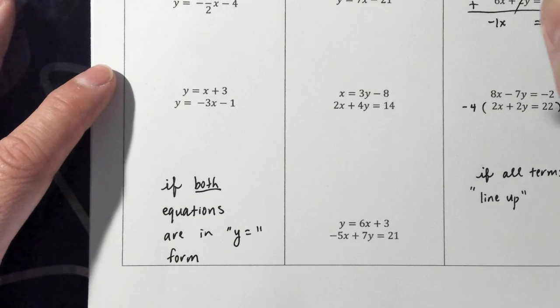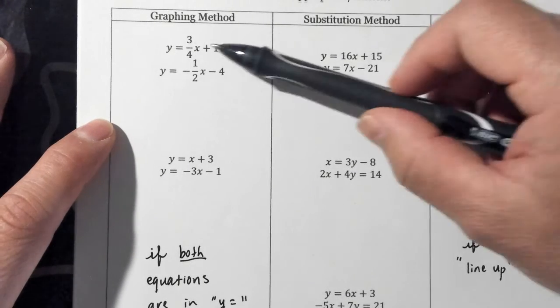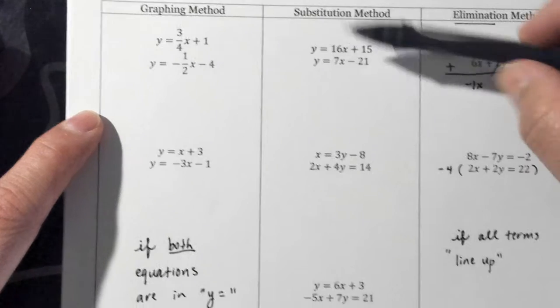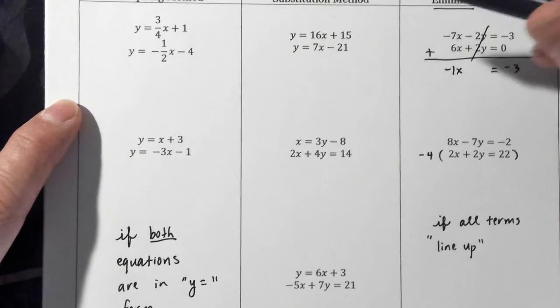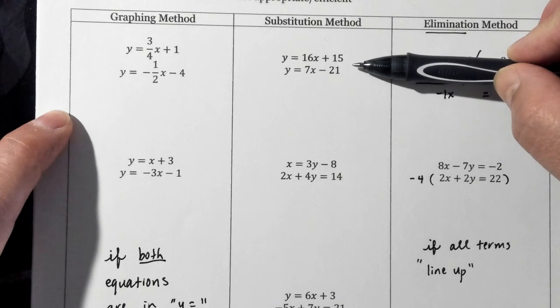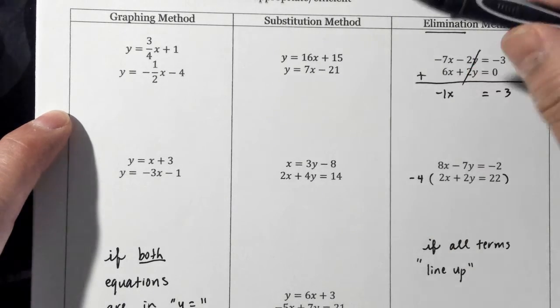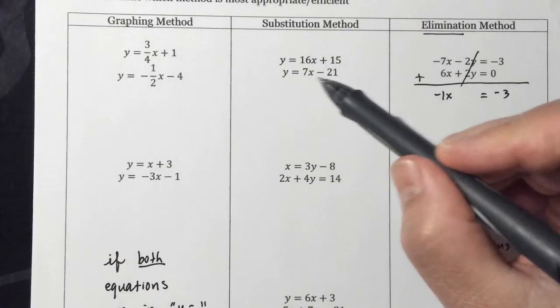Let's talk about why I would not use substitution method for this. See how these both have y equals, y equals? The reason why I would use substitution method on this one, but not on this one, or this one, is because look how large these numbers are.